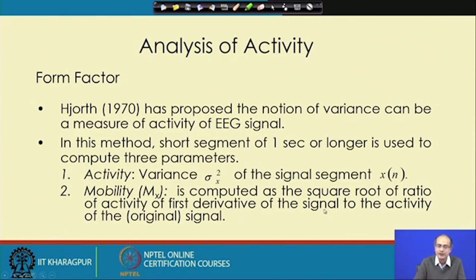So, these three together, in other words, give the energy and how far the signal is different from the sinusoidal signal. So, that again gives some idea about the shape of the signal, and thereby it helps us to do the shape analysis of the waveform.